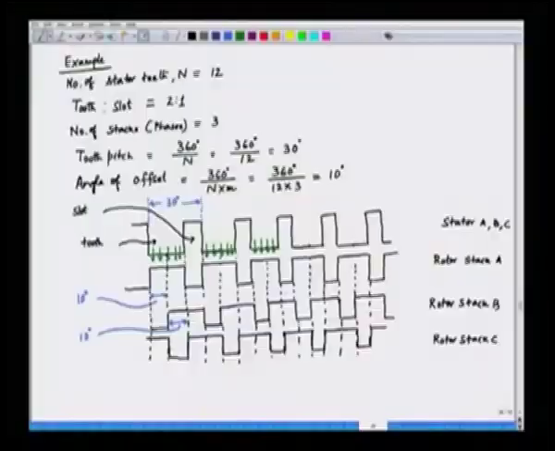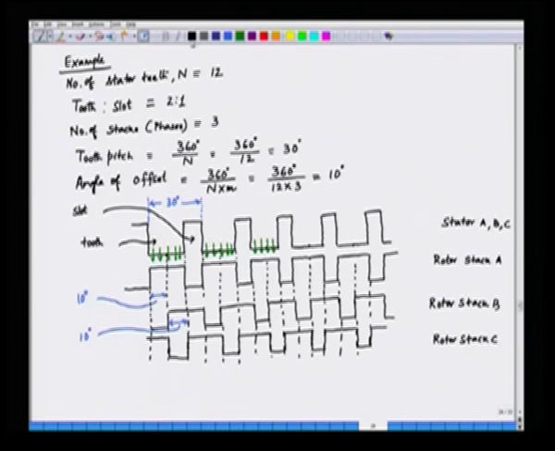So, when we are aligning phase B stator, phase B will be moving towards the tooth of the stator slot, and hence the movement will be by an angle of offset, that angle is 10 degrees. So, the step size here is same as the offset angle.